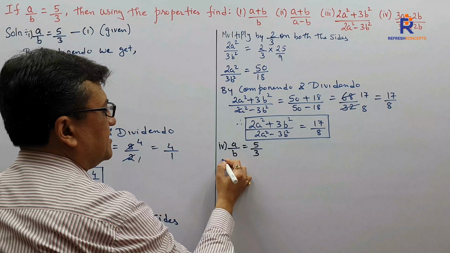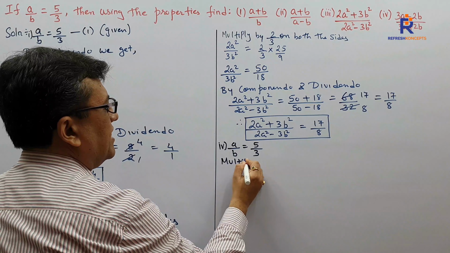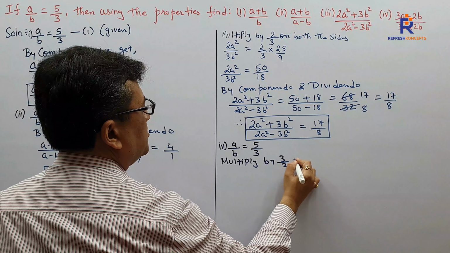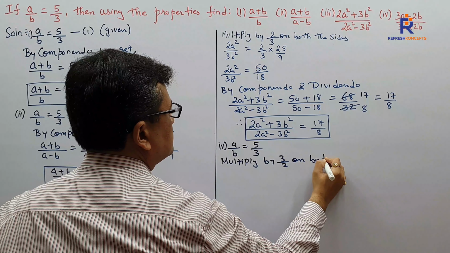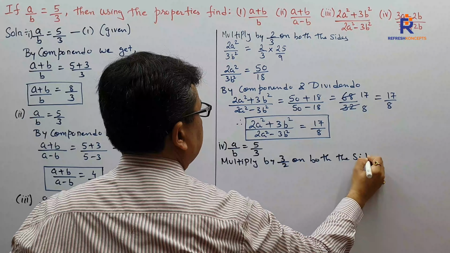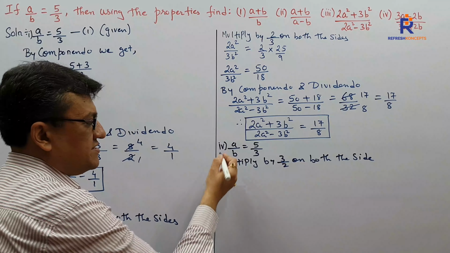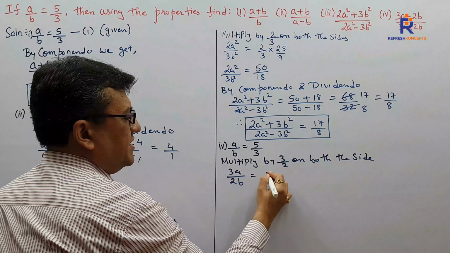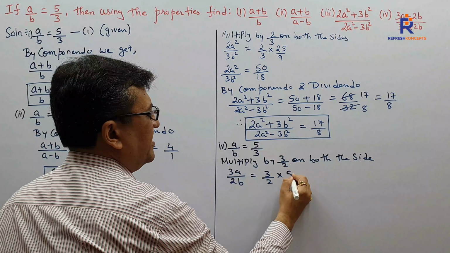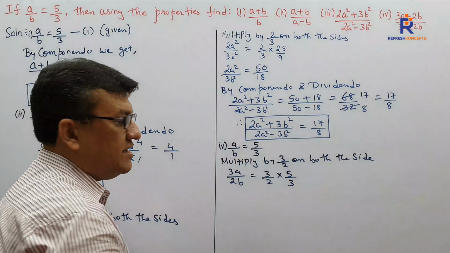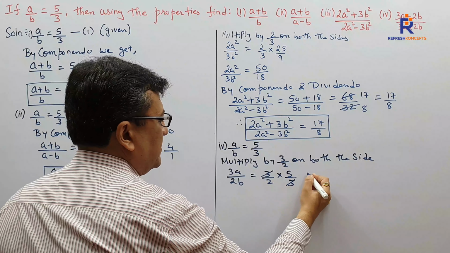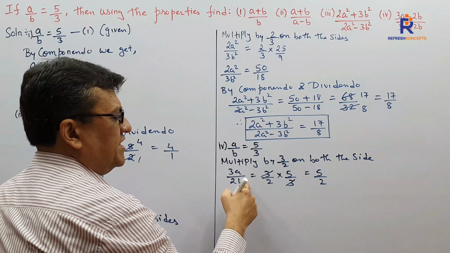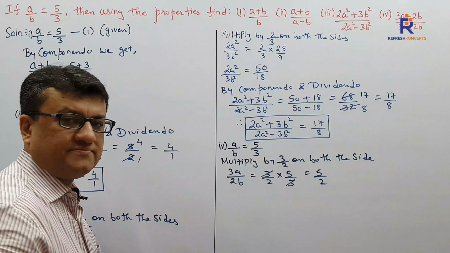So simply multiply by 3 by 2 on both the sides. 3a by 2b is 3 by 2 into 5 by 3. This 3 getting cancelled off, I am left with 5 by 2. That is, 3a by 2b is 5 by 2.